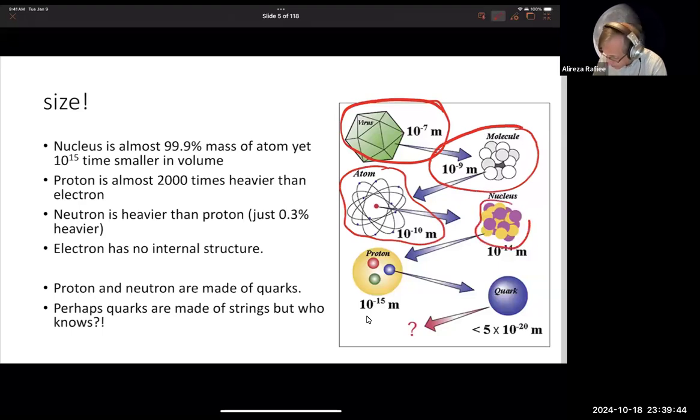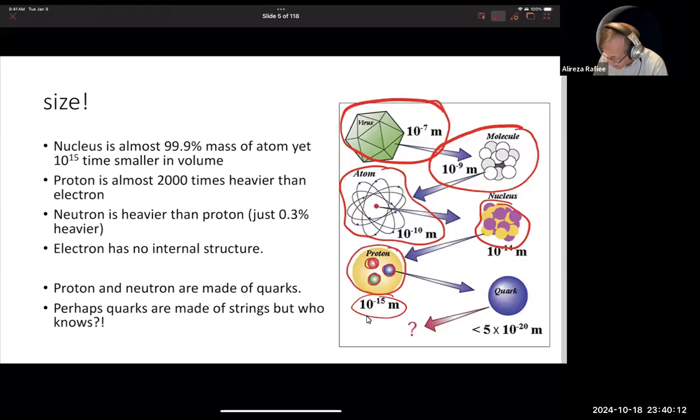The nucleus, which is at the center of the atom, would be about 10 to the power of minus 15 meters. And protons and neutrons, which are the constituents of the nucleus, will also be made of other elements. So inside a nucleus, you will have protons and neutrons with a size of 10 to the power of minus 15 meters.